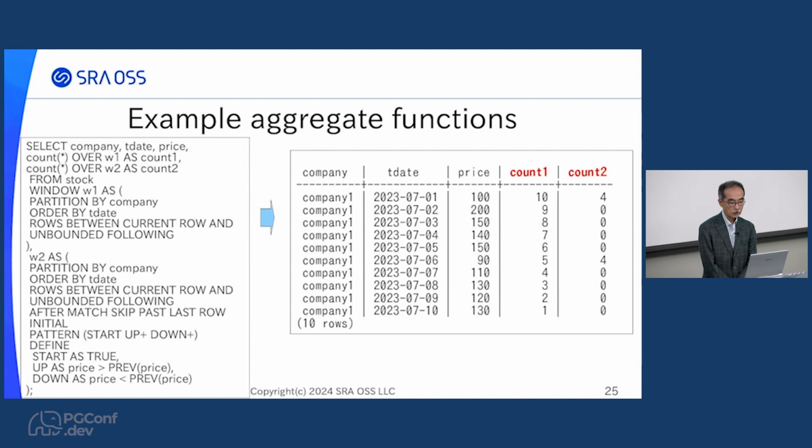Also, we see that for the fifth row count2 returns 0. This is different, because the pattern does not match the fifth row, and so on. This is the difference of the count function on a window clause using RPR or not.